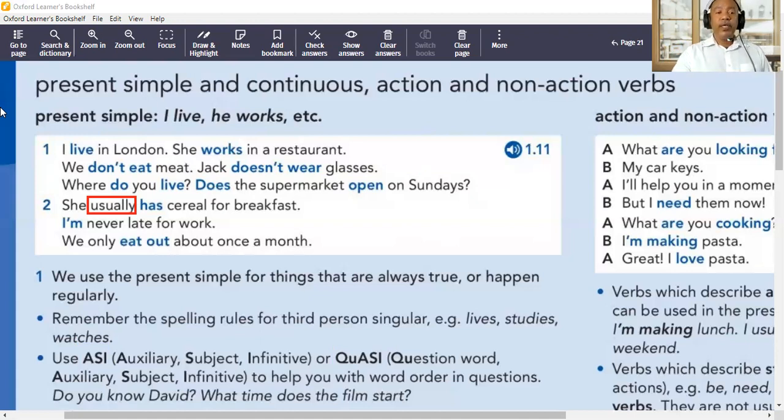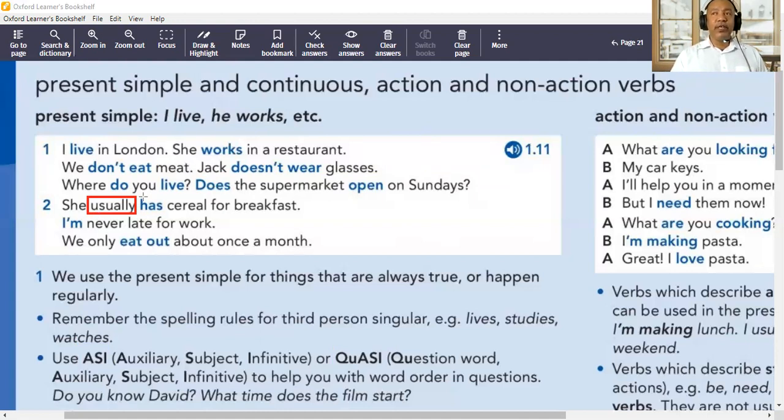However, when we talk about the verb be, the verb can, the verb should, all these modal verbs, okay, verb to be especially, we use these adverbs after the verb, okay? So you have it here, I'm never late for work, okay, exactly the opposite, right?